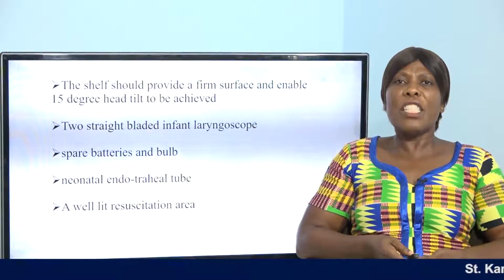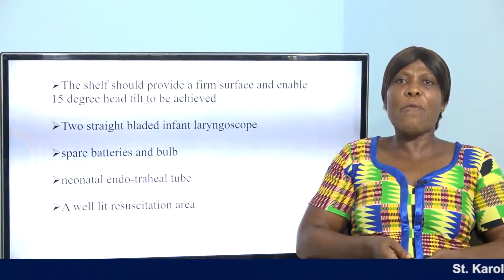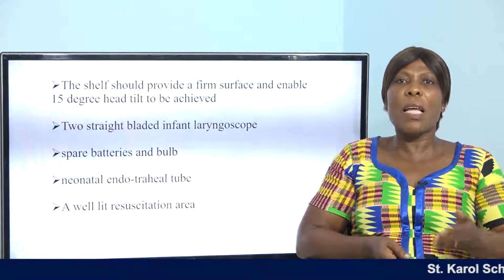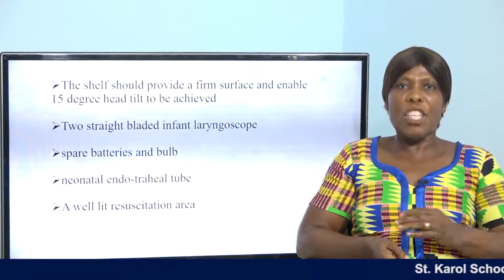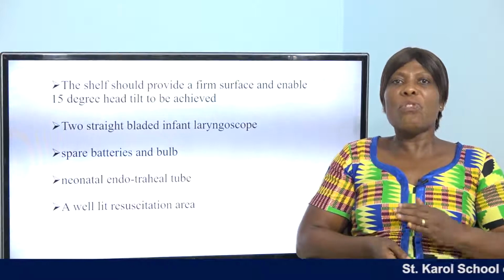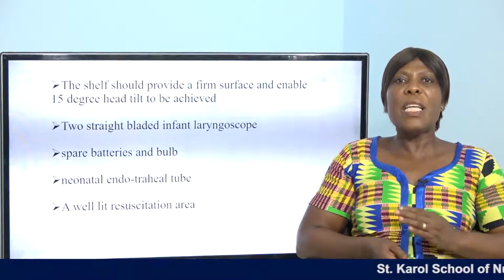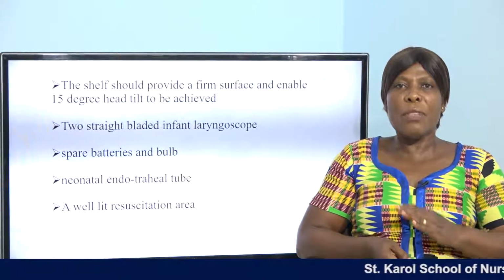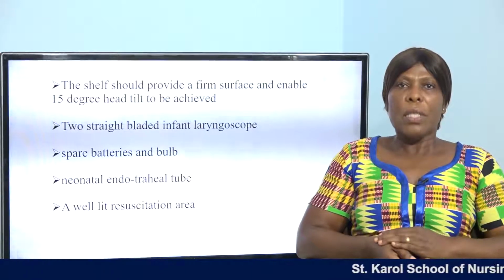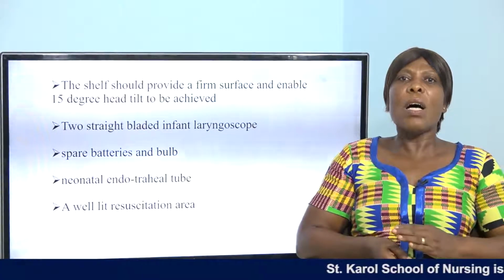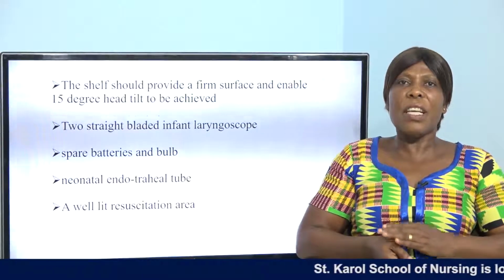We also need a shelf to provide a firm surface to enable about 15 degrees head tilt to be achieved. We need 2 straight blade infant laryngoscopes. We need spare batteries for our bulb, the neonatal endotracheal tube, and then a well-lit resuscitation area.